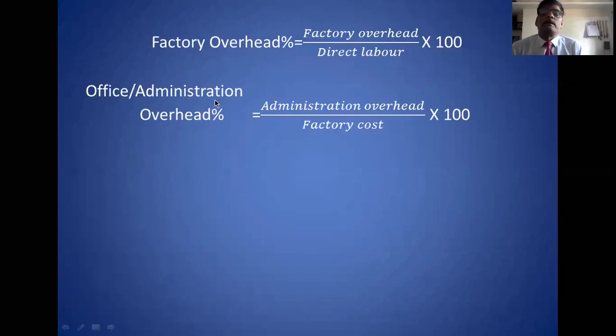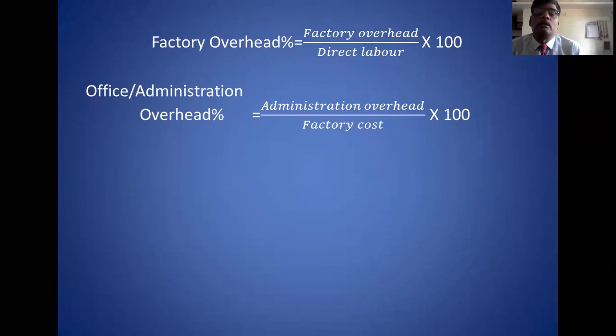Next is office and administration overhead. Office and administration overhead always depends on the factory cost or works cost. So depending upon the factory cost, we charge the administration overhead. The administration overhead percentage is calculated on the basis of administration overhead and factory cost: divide the administration overhead by factory cost and multiply by 100.